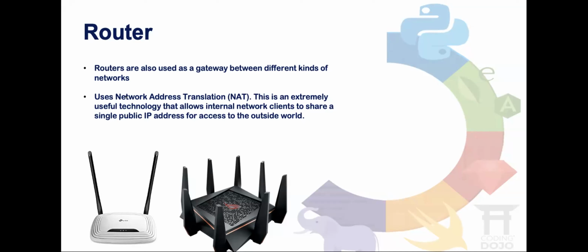So routers are also used as a gateway between different kinds of networks, right? But as I said, the main difference between the two, because a router can be used as a gateway, but I really don't want to confuse anyone here. So let's assume that a router is a device that is able to connect different networks. However, with routers, the networks have to be similar, which I've explained before.